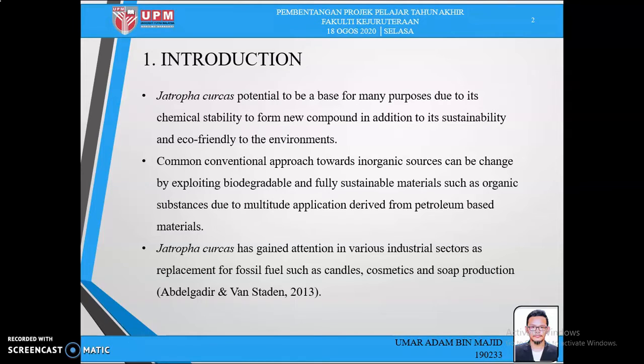The common approach of using inorganic sources can be changed by implementing biodegradable and fully sustainable material. Abdelgadir and Van Steden, 2013, stated that Jatropha curcas has also gained attention in various other industries as a replacement for its fossil fuel application.